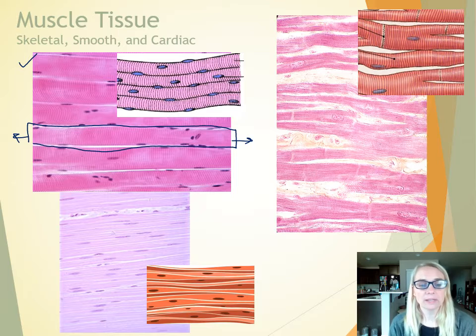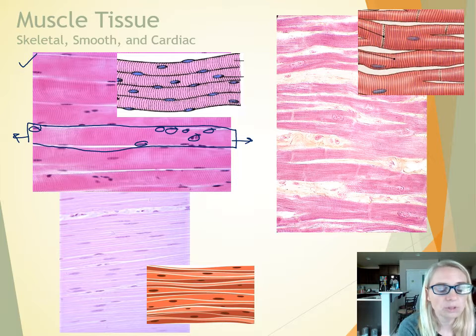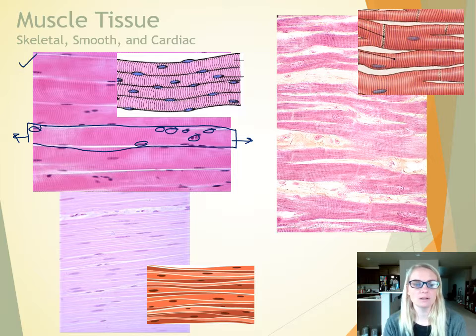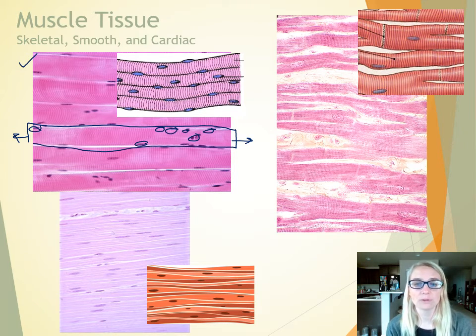They're multinucleate. If you'll notice, there are multiple nuclei. A lot of times they're squished off to the edge of the cell, but there are multiple nuclei within each cell. When we get into chapter 10 and dive deeper into skeletal muscle tissue, we'll talk about why that is and how that came to be. For right now, that's just a characteristic you can remember about skeletal muscle cells: they're multinucleate.